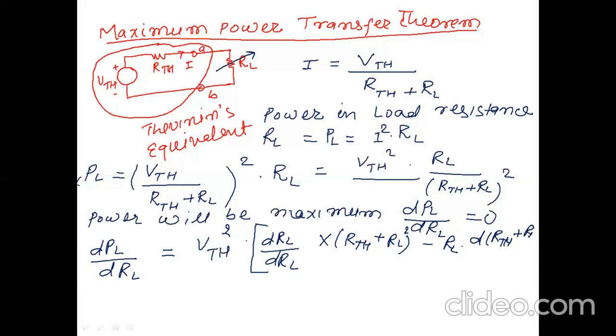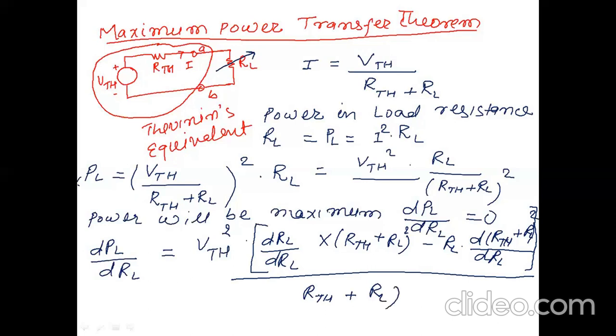Differentiating the denominator, d of RTH plus RL square with respect to RL, and divided by the square of the denominator. The denominator is RTH plus RL whole square, so it becomes power 4.